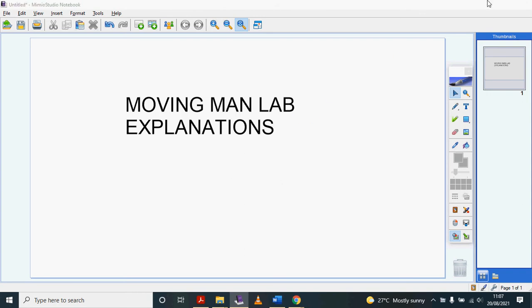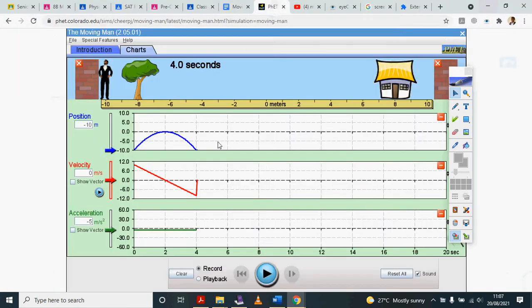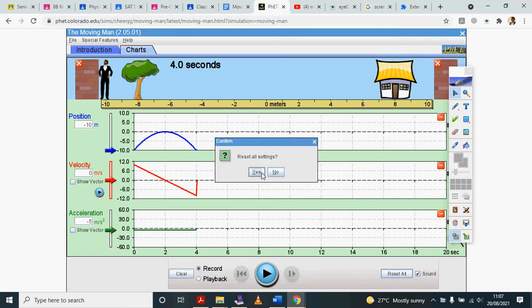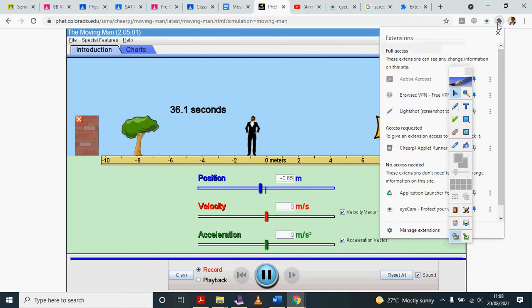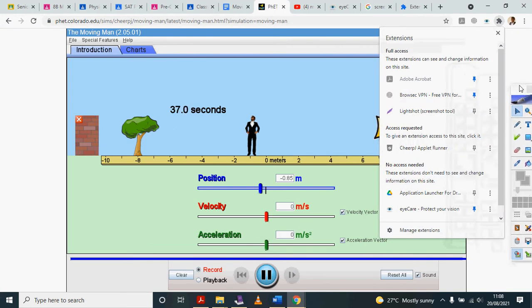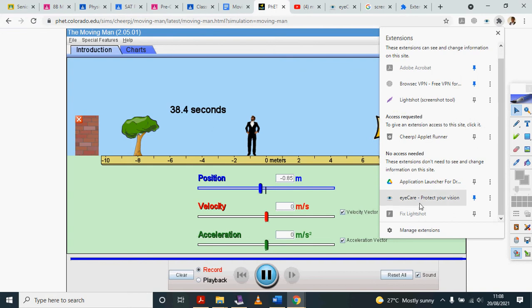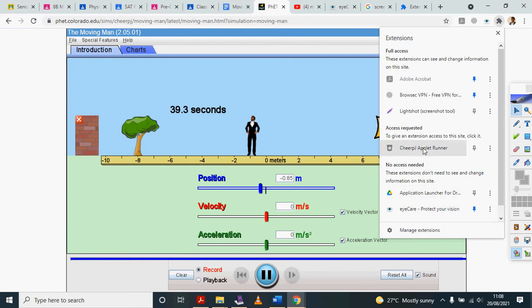So I'll just explain the simulation. Once you open the simulation, at the very first part, you'll go to the introduction. If the simulation is not working for your computer, then there is an extension called, what is it called? I think it's called Tier something. Yeah, this one.